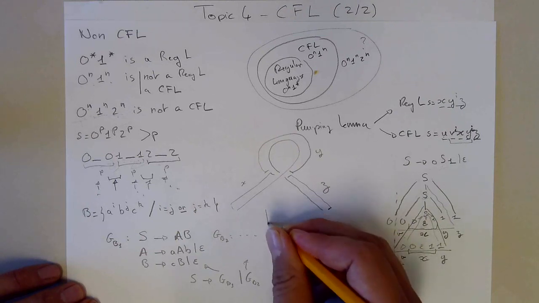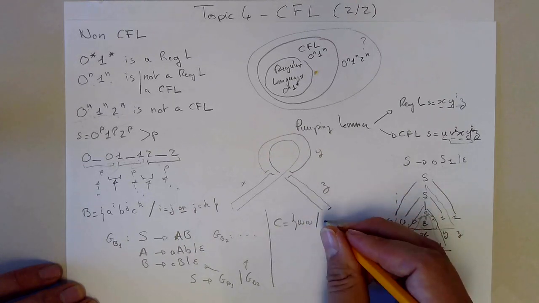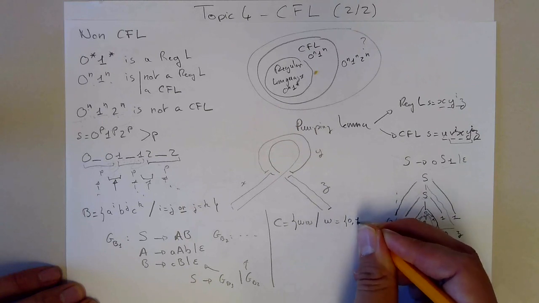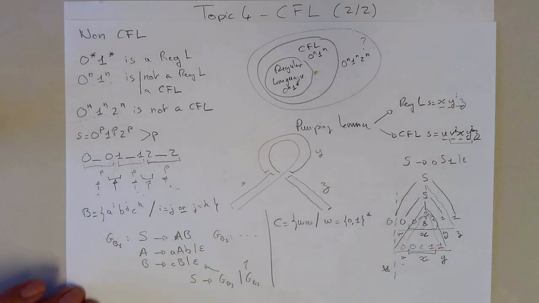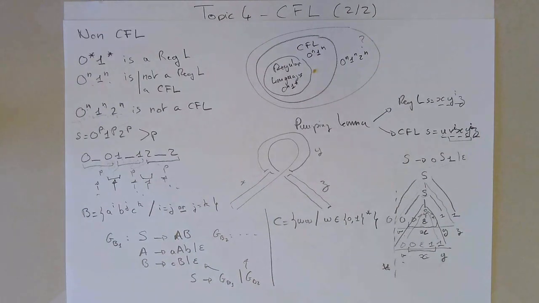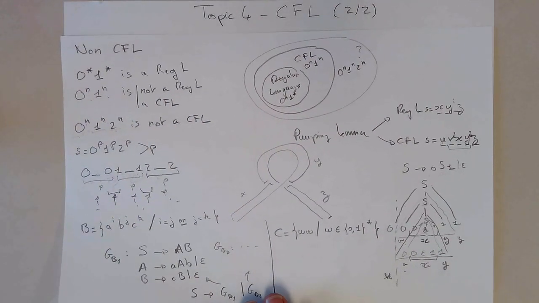Let's say C equals WW such that W belongs to this, and that's also not context-free. You can check that. Okay, so that's for the limit of context-free languages.